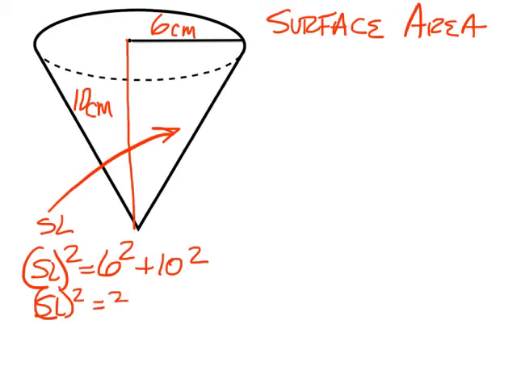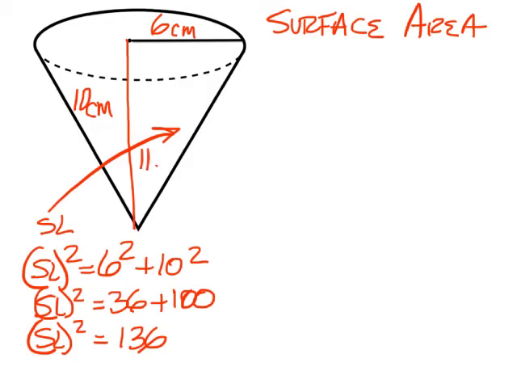And simplify that to 36 plus 100. And that would be 136. To figure out what the slant height is, you're going to have to find the square root of 136. So the square root of 136 comes out to be 11.661 and on out. Leave it in your calculator for right now.